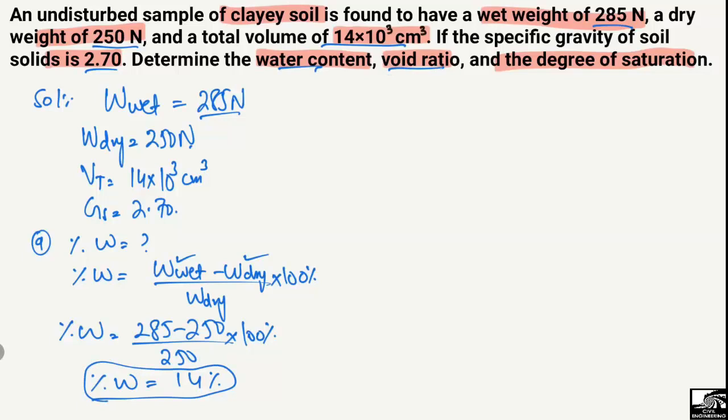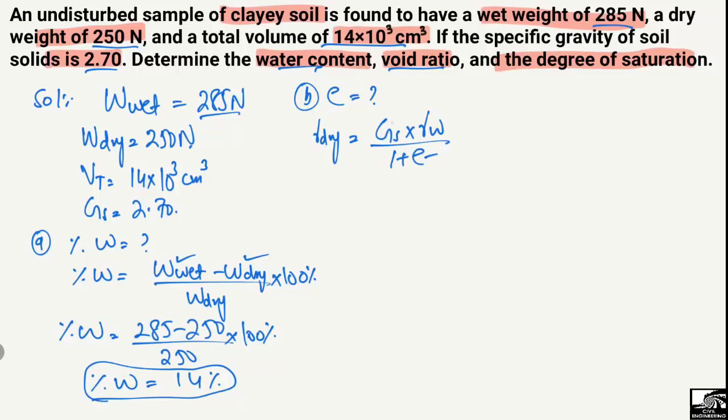The second part is to find the void ratio. We can use the equation that the dry unit weight is equal to the specific gravity times gamma W, the unit weight of water, divided by 1 plus e. From this equation we can find our void ratio.